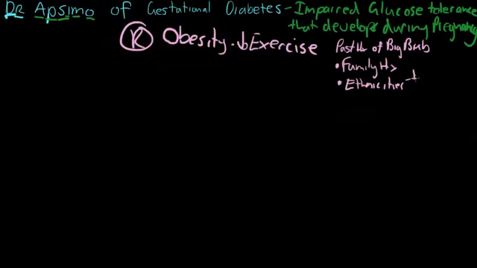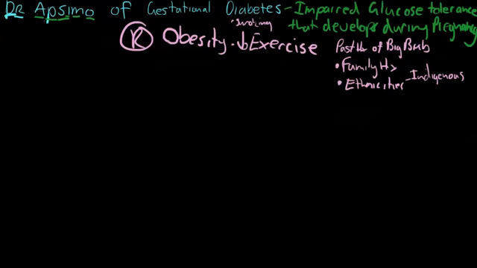Big one for Australia is Indigenous people, Indigenous Australians. Is a risk factor. So yeah, and you also have things like smoking, which is a risk factor for most things. So that's your risk factors.